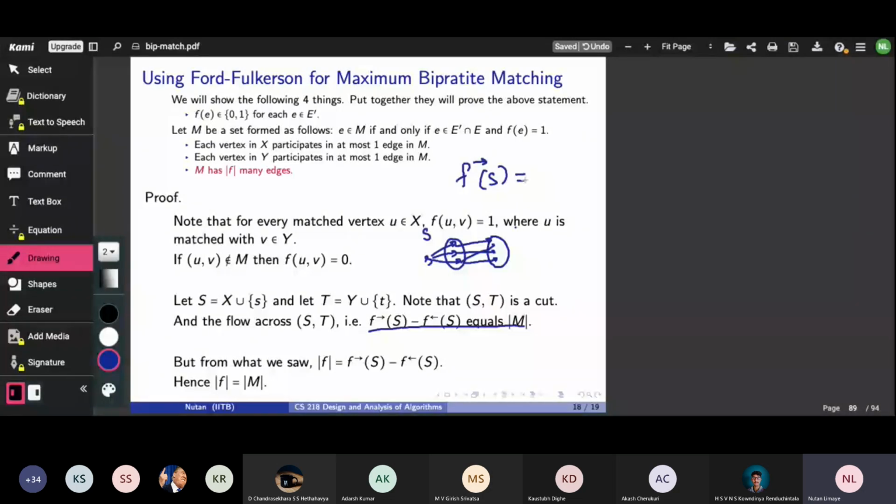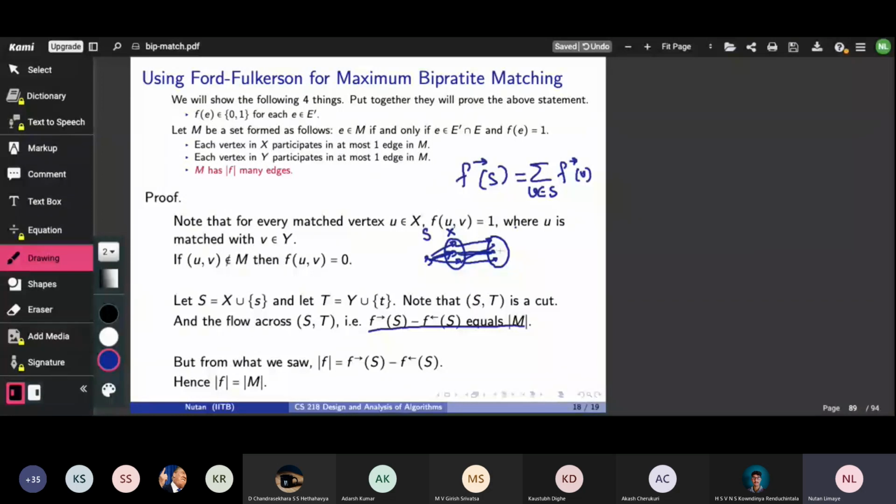Right. So I was just saying, let us count the flow leaving S. Flow leaving S equals the sum over vertices in S of the flow leaving the vertex v. Now let us look at all the vertices that belong to capital S. Firstly, the entire set capital X is in S, and little s is in S. So let us look at all the flow that leaves S. We noted that when an edge belonged to the matching, we sent a flow of value 1 to that vertex from s.